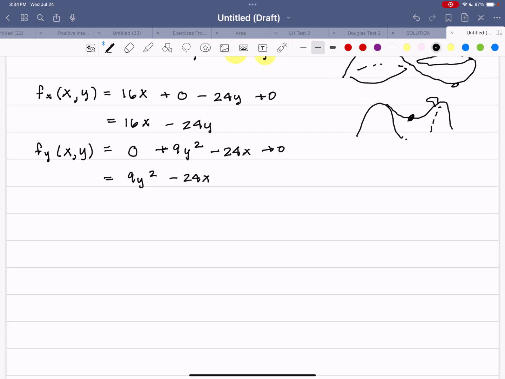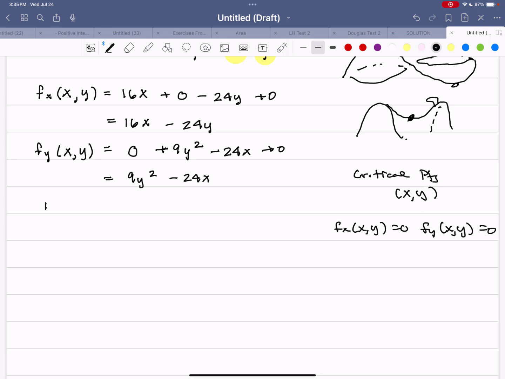Now, instead of getting a critical number, we're going to get critical points. So critical points will have both an x and a y, and we get those by taking f sub x of xy equal to 0 and f sub y of xy and set it equal to 0.